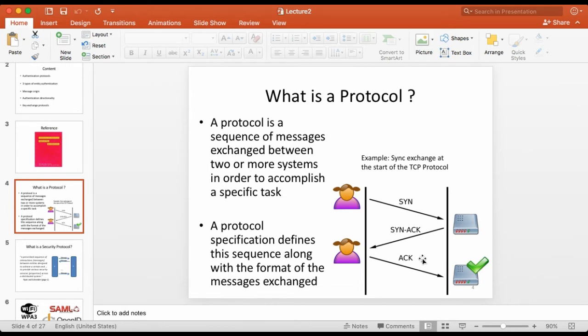So it's a three-step or three-way handshake. We call it three-way handshake because it consists of three messages exchanged between these two entities.